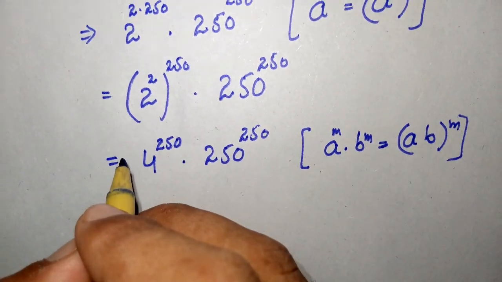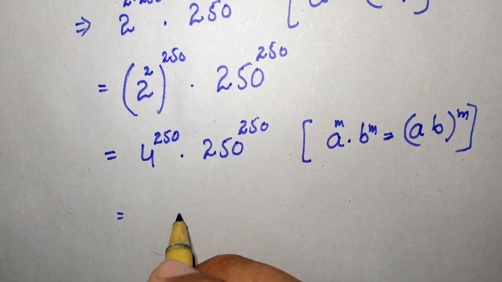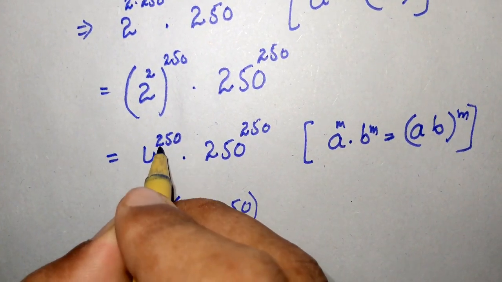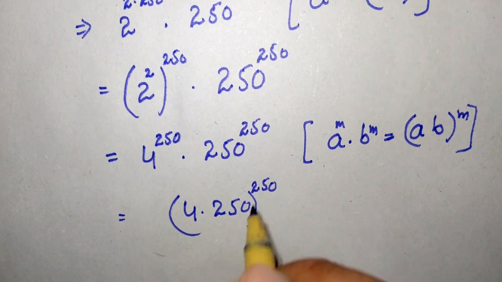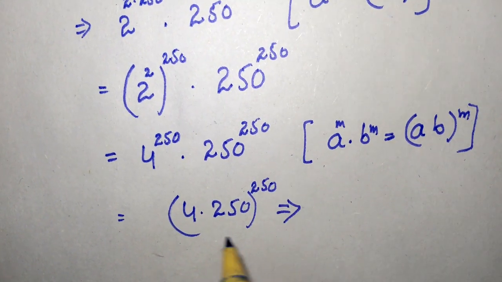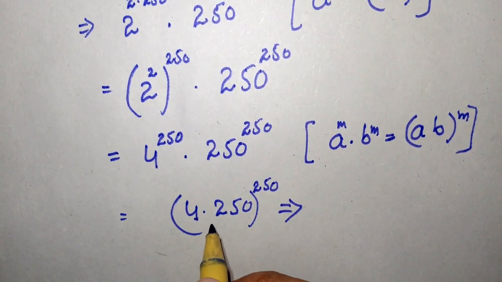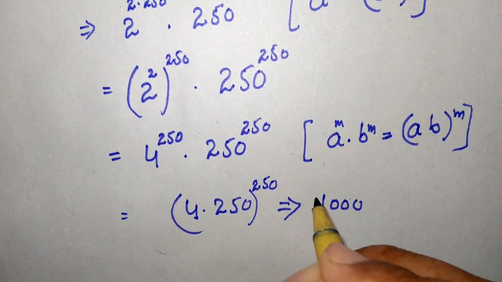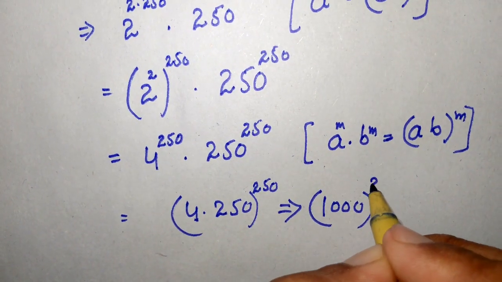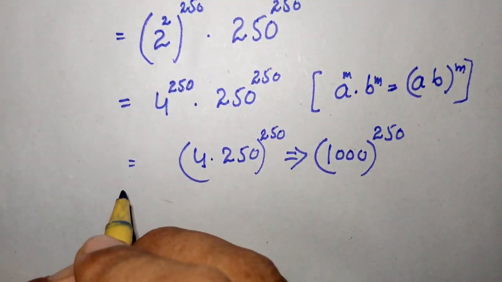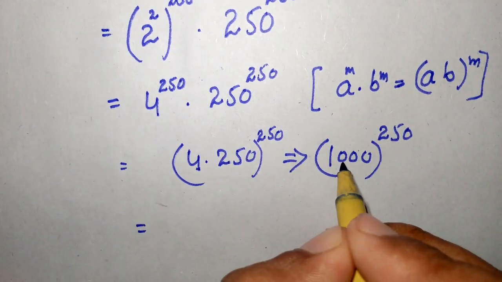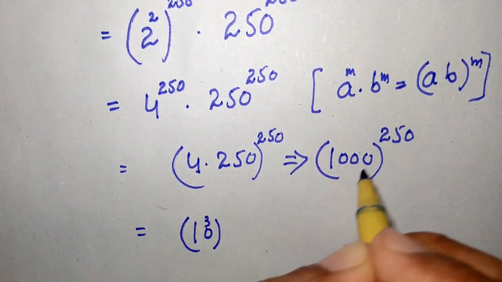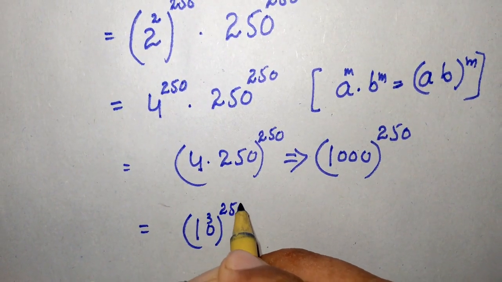So this will become 4 times 250 to the whole power of 250. Here 4 times 250 is equal to 1000 to the whole power of 250. This 1000 can also be written as 10 to the power of 3, and the whole power of 250.